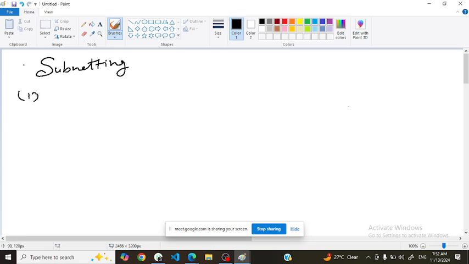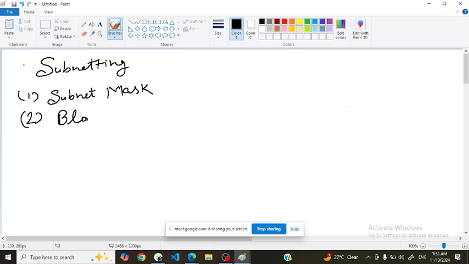The first point is the subnet mask. The second one is block size.